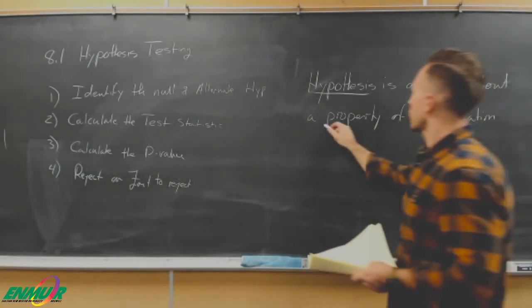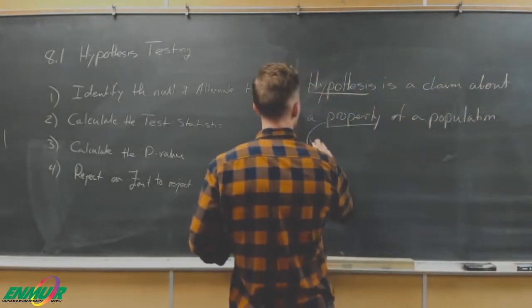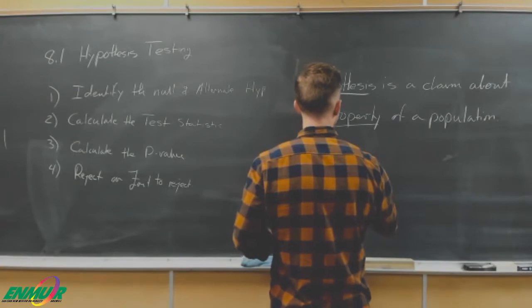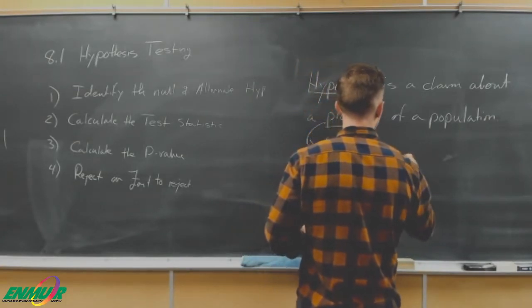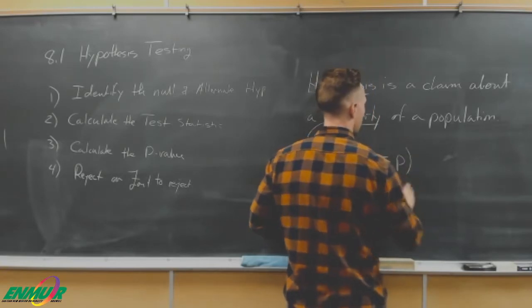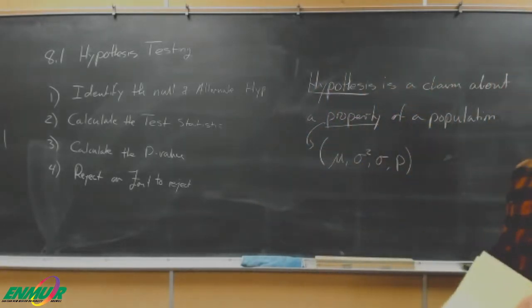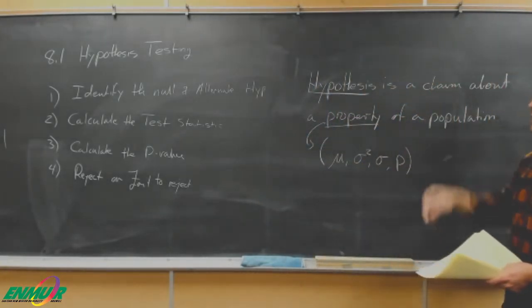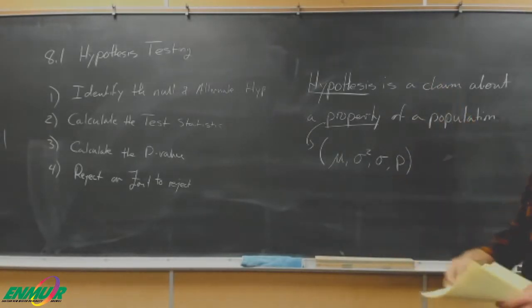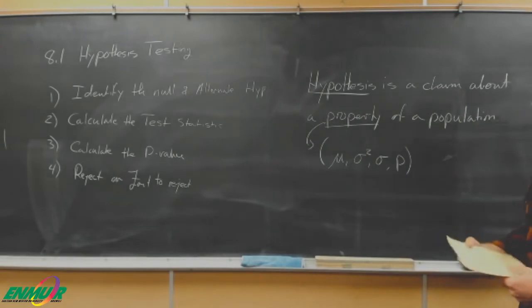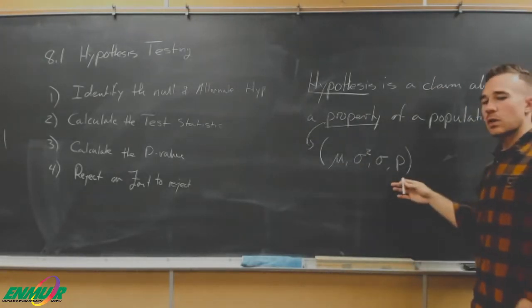And when we say the word property, what that's implying is the mean, the variance, the standard deviation, or the population proportion, okay? So this is a fancy way of saying there is a claim, okay, a statement, an original claim about one of these properties, okay?